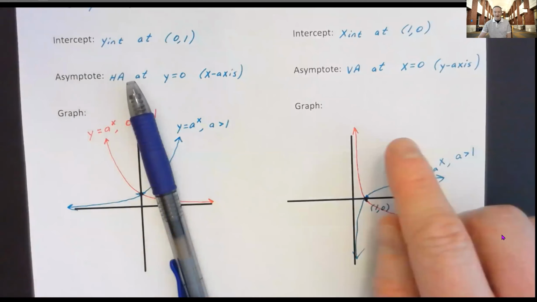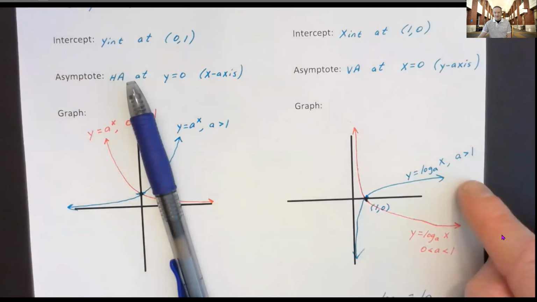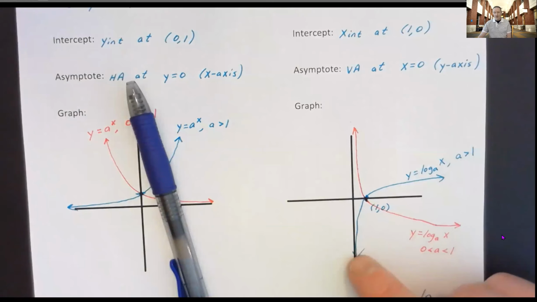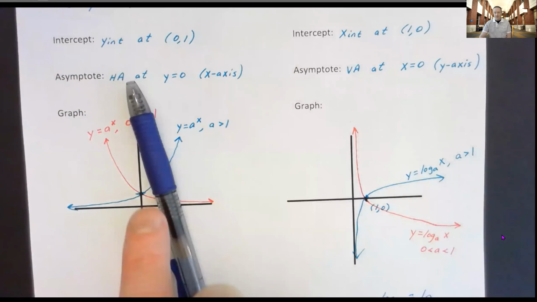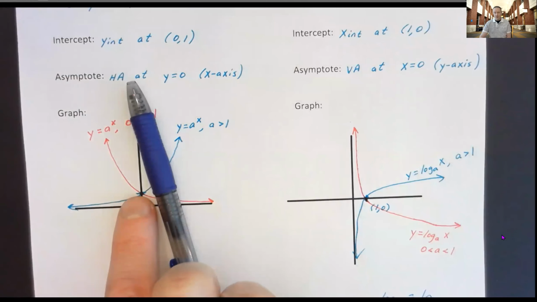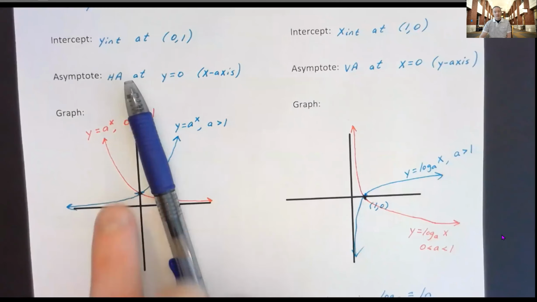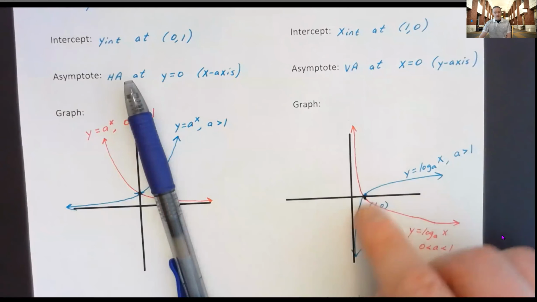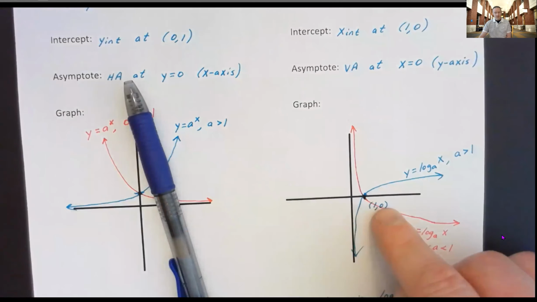Now, for the other side over here, I can say for logarithmic functions, just as exponential functions always pass through the ordered pair (0, 1), logarithmic functions always pass through the ordered pair (1, 0).